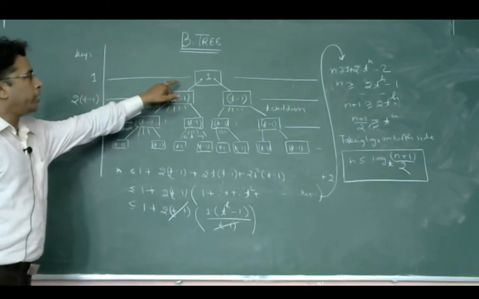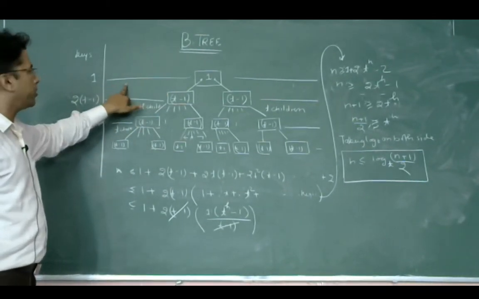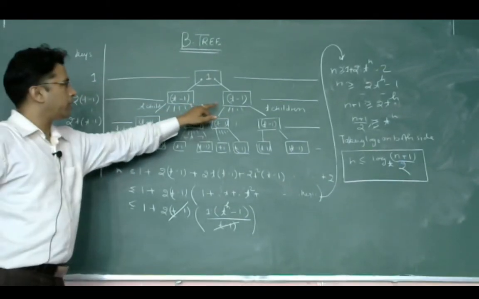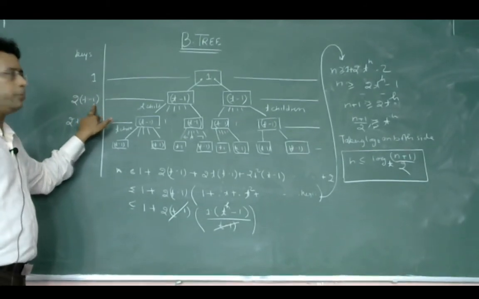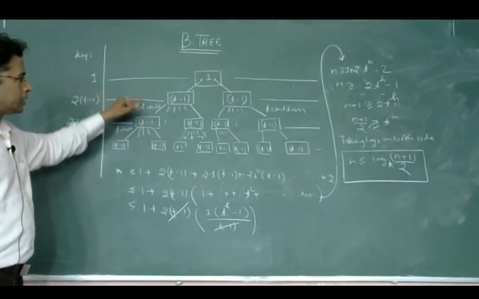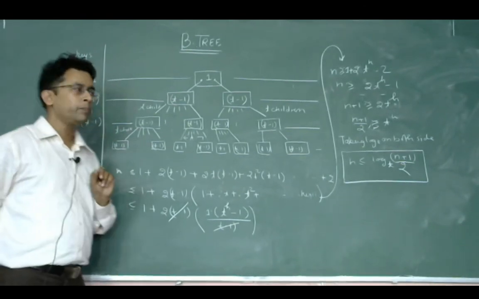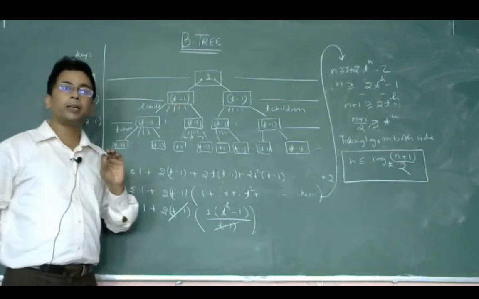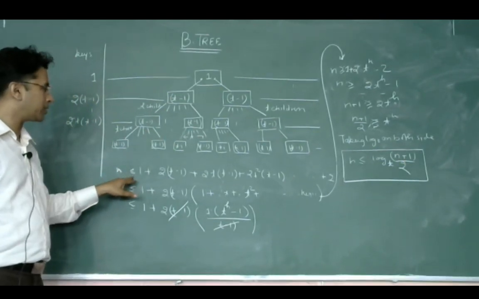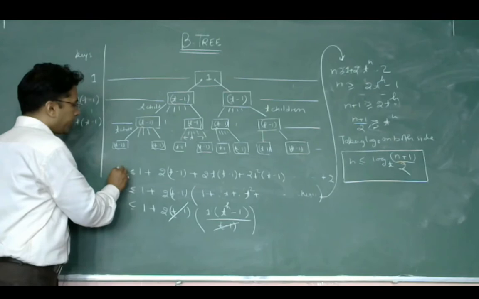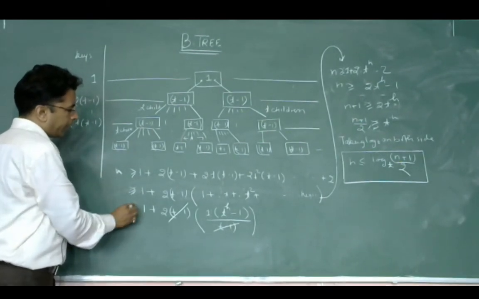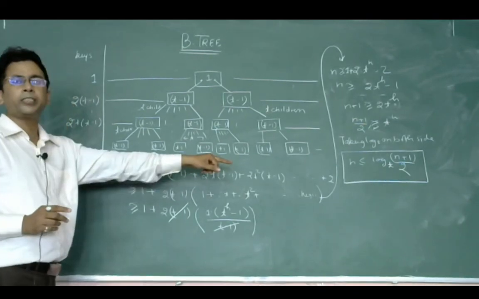So by calculating the number of elements at each level, at level 1 there is a single key element, at level 2 there are 2 into t minus 1 key elements, at level 3 there are 2t into t minus 1 elements, and there are h levels like this. When we write this, n is greater than the sum of these elements.